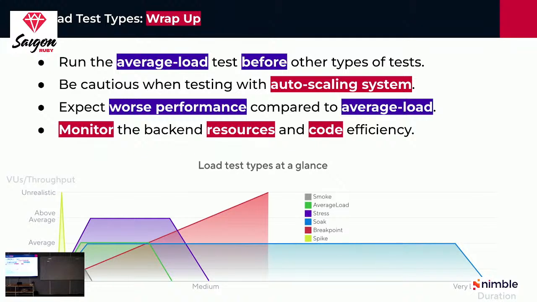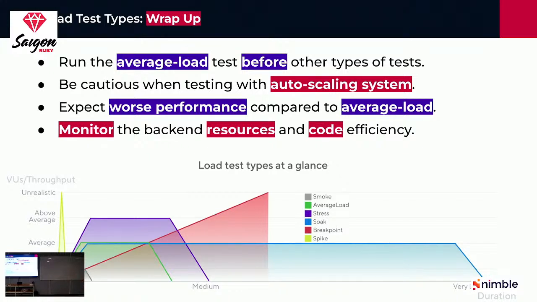And yes, to wrap up this session, we have some considerations. Before we run all the kinds of tests, we should run the average load test first to test our typical load. And be cautious when testing with an auto-scaling system, especially, as you can see in the chart, with the spike test, breakpoint test, and soak test.